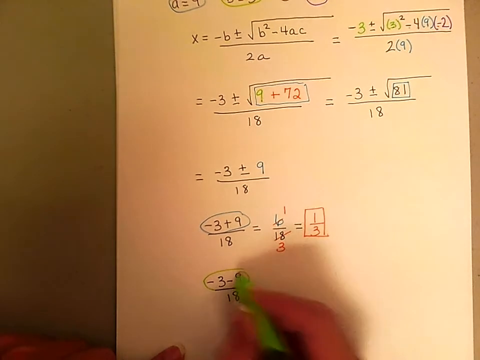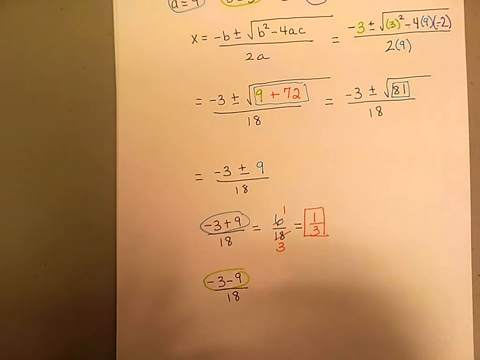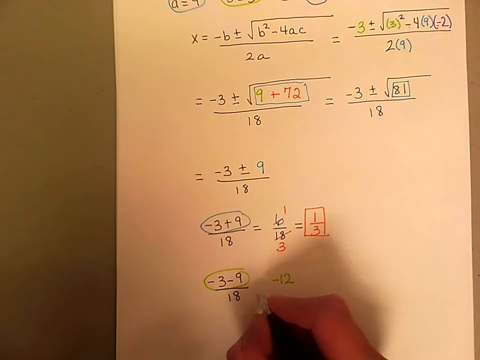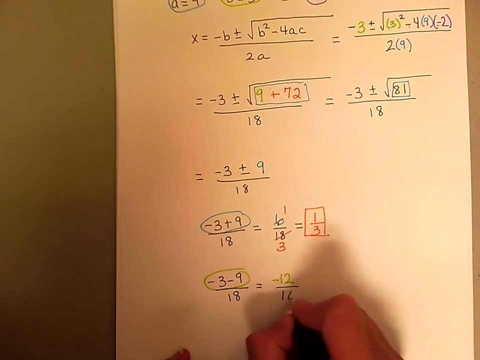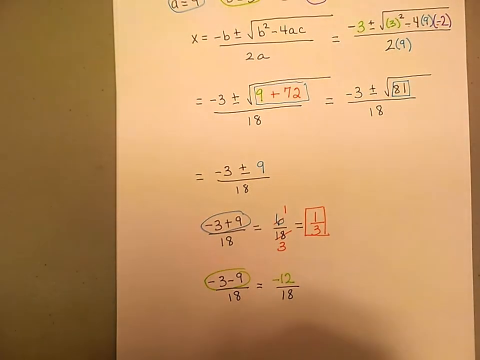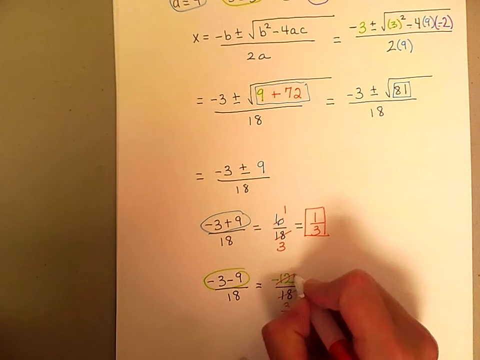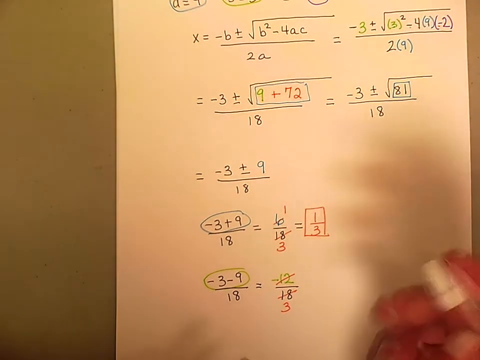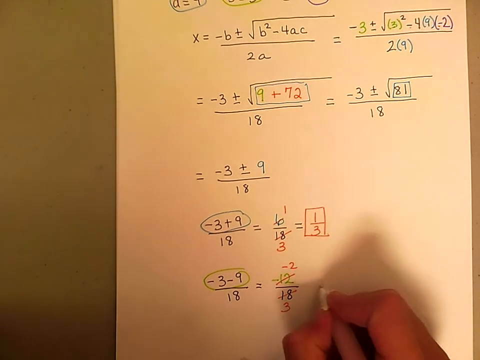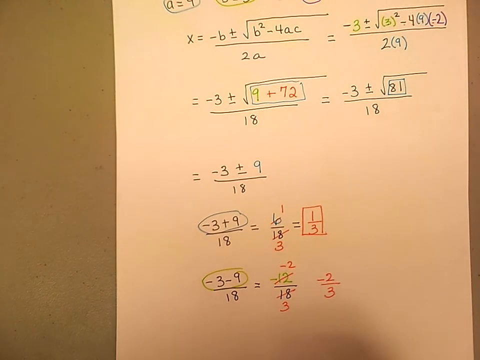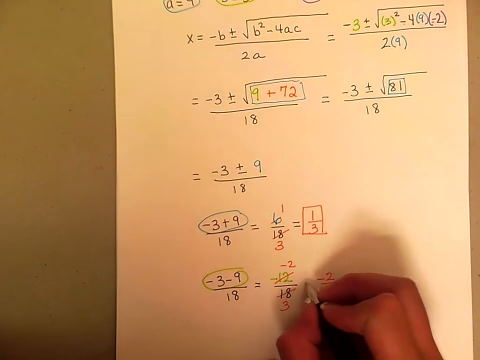Here, negative 3 minus 9 is equal to negative 12 over 18. And this can also be reduced. 6 goes into 18 3 times, and 6 goes into negative 12 negative 2 times. So our second solution is x is equal to negative 2/3.